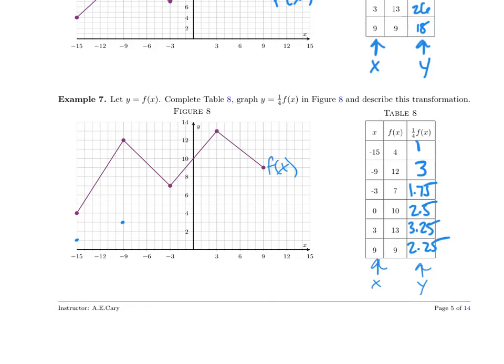Do your best approximation. So at -3, we're at 1.75. I know it's closer to 2, so it's about right there. Let's see, 0, 2.5, there-ish. 3, 3.25, closer to 3. And then at 9, it's 2.25, so about right there.